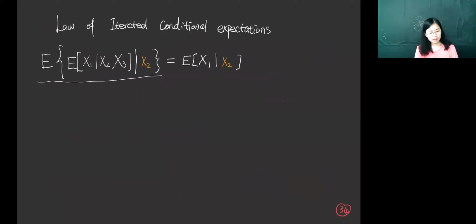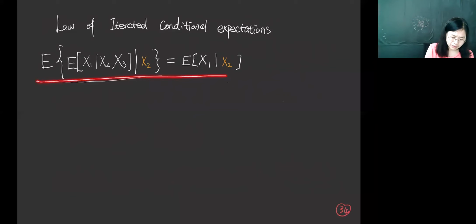Now, remember, we had this law of iterated expectation when discussing the distribution of two random variables. When we are considering more than two random variables, there is another law of iterated expectation. We may call it the law of iterated conditional expectation. What the law of iterated conditional expectation says is something like this.